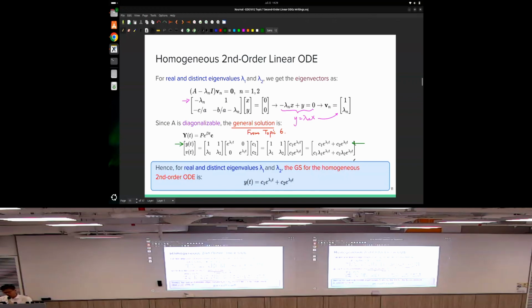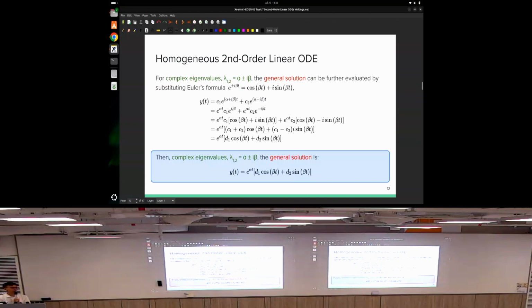This gives you the general solution for a homogeneous second order ODE that has real and distinct eigenvalues. Everything I put in a blue box, you better copy down in your cheat sheet. Blue boxes are the most important things in this module, as well as Math 3.